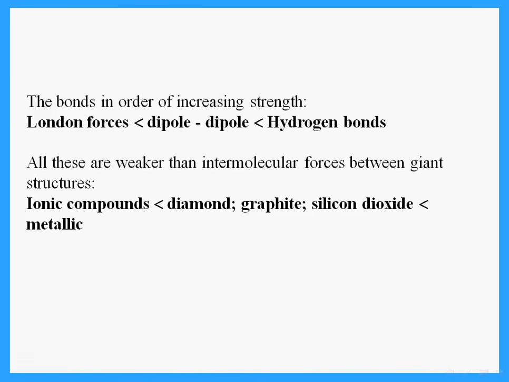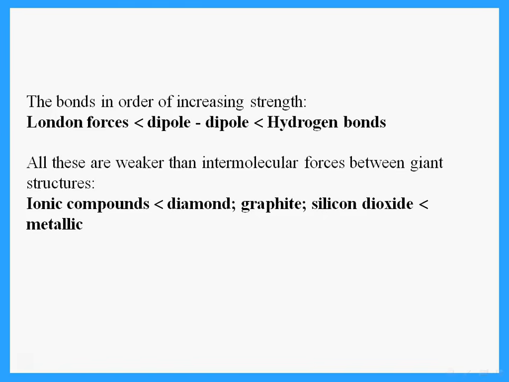And these will be weaker than the hydrogen bonds, which are formed if the molecule is polar and it has electronegative elements bonded to hydrogen. And all of these will have weaker intermolecular forces, lower melting point than any of the giant structures. Remember that the ionic compounds have very strong interactions between the positive and negative ions.